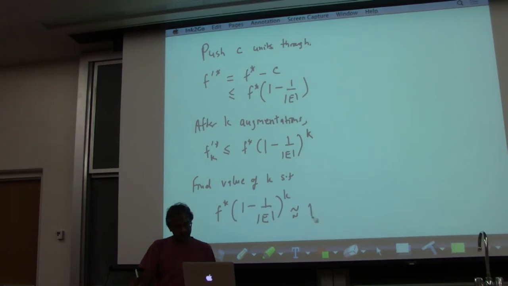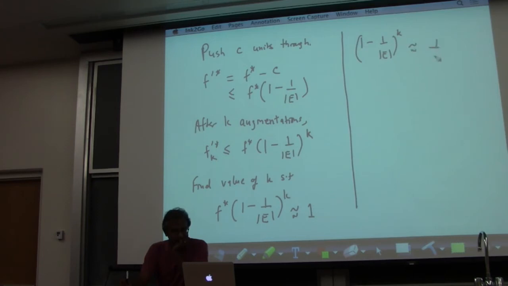Let's say 1. Okay. So how do I solve for this? I can now solve for k, right? I can say, okay, so let's say I want to solve for k. So I want 1 minus 1 over e to the k to be something like 1 over f.